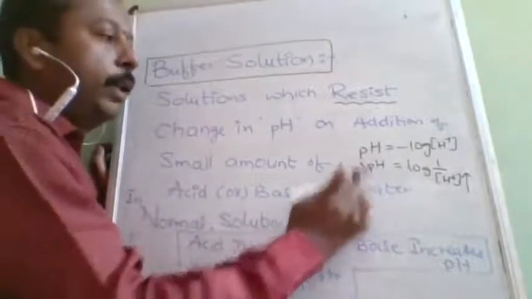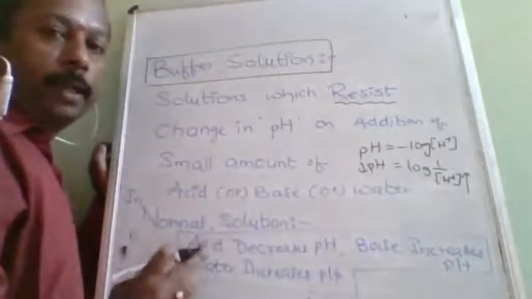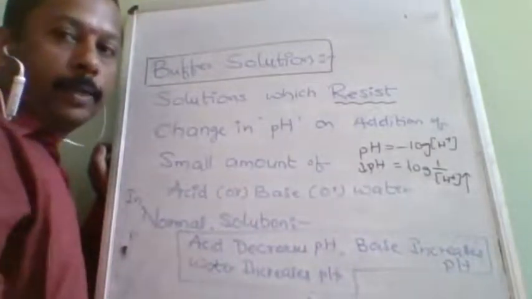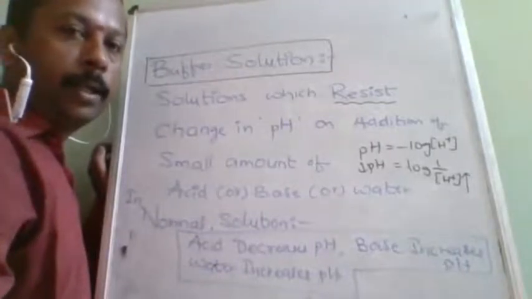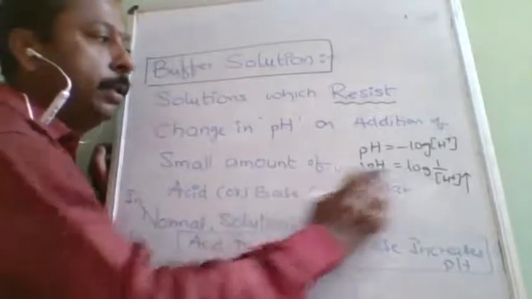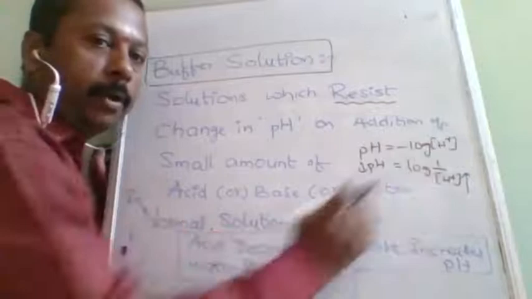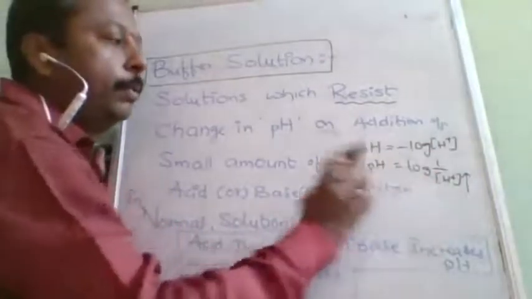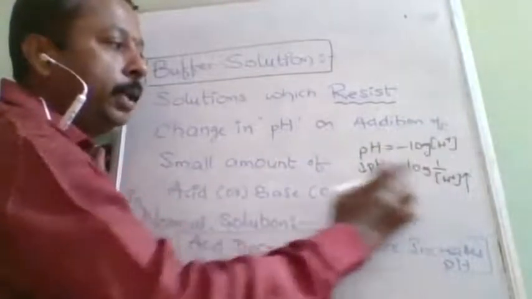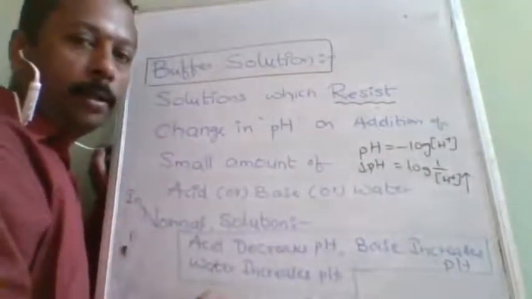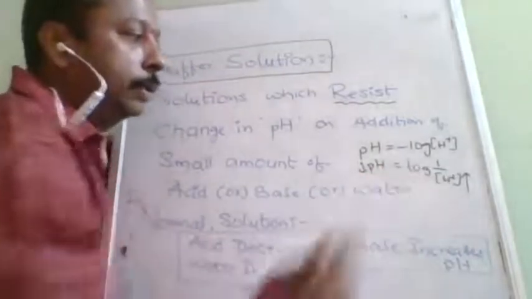Like, if 1 molarity is made 10 molarity, then there is a change in pH of 1 if it is 1 liter. We can change the concentration in two ways: by changing the number of moles of H positive, or by changing the volume. Keep two things in mind: pH is not directly proportional, it is inversely proportional, and not simply inversely proportional but to the log of the concentration of H plus.